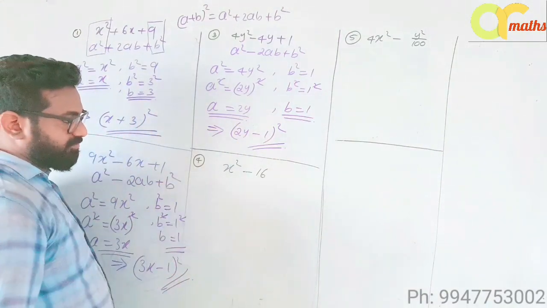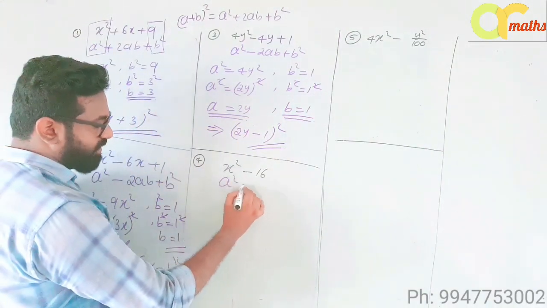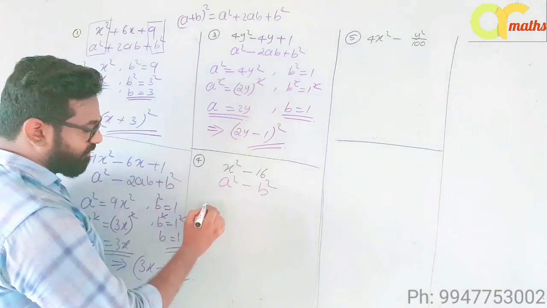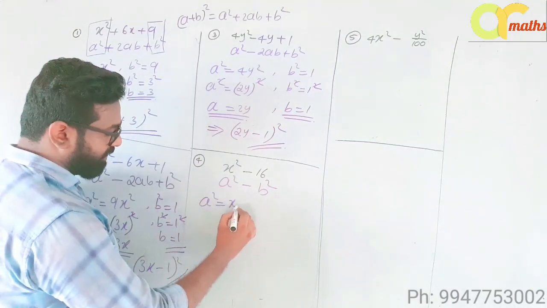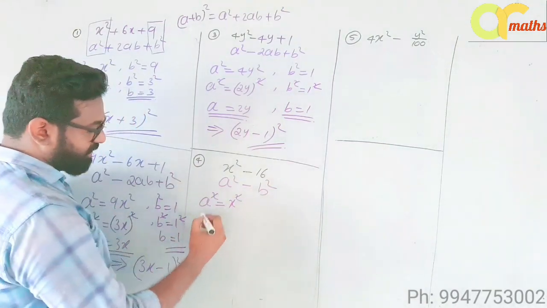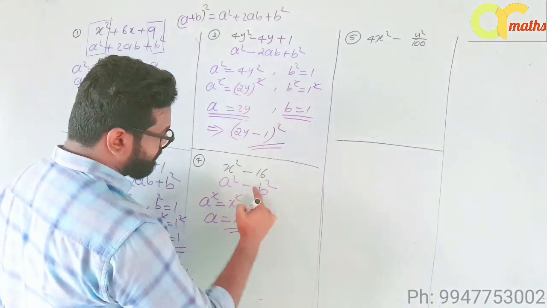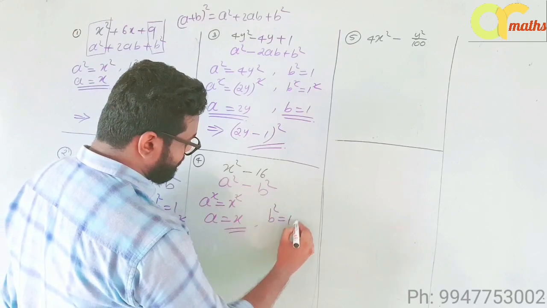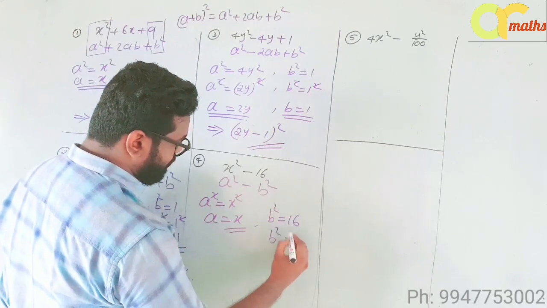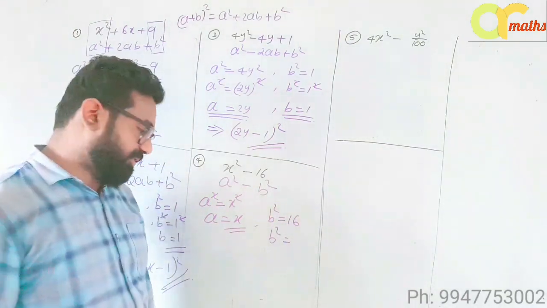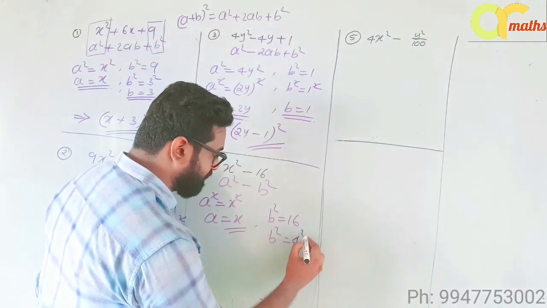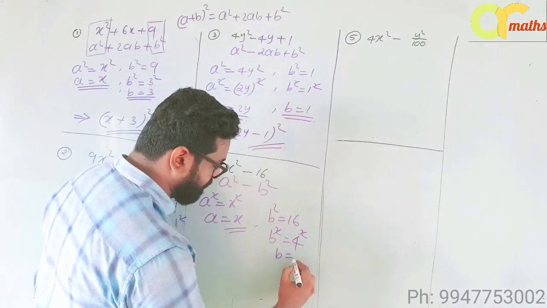Next listen here. This is in the form of a square minus b square. What is a square here? x square. So you can cancel square, square. A equal to x. Here b square equal to 16. B square equal to 16 is square of 4. So 4 square. Square, square cancel. B equal to 4.